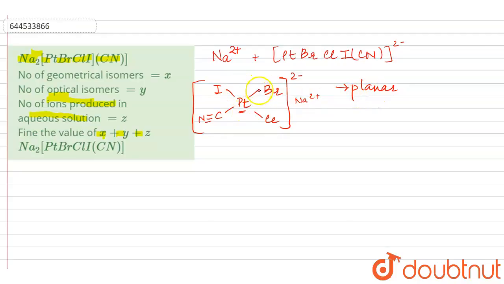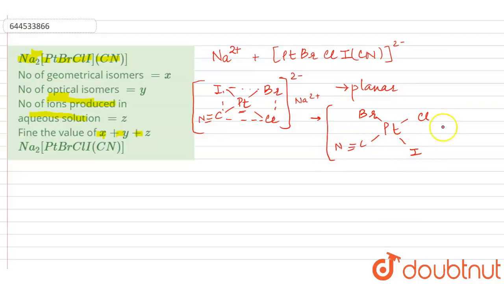For knowing the geometrical isomers, we will first fix one of the bonds and rotate the other bonds. If I change the position of bromine first, I'll show platinum with chlorine, bromine, cyanide, and iodine.